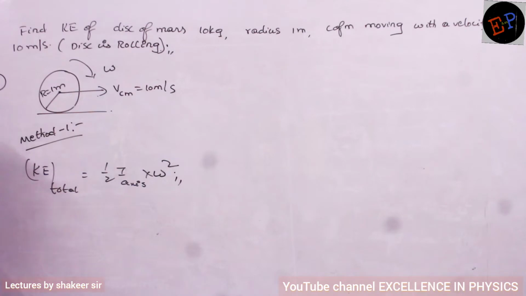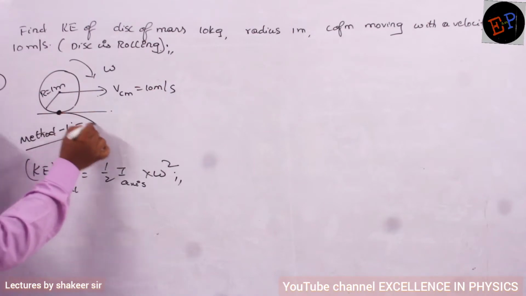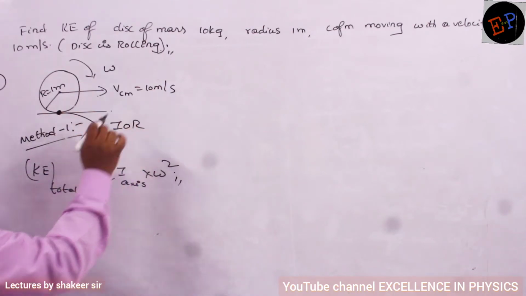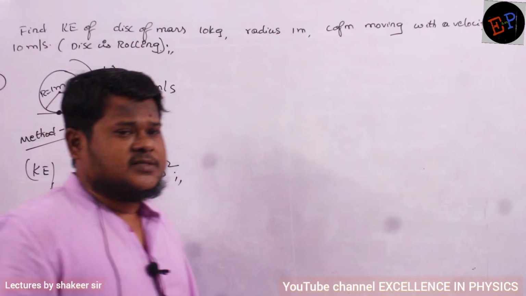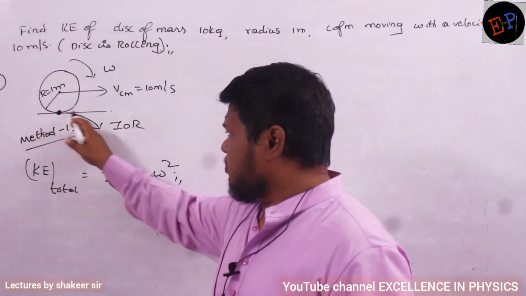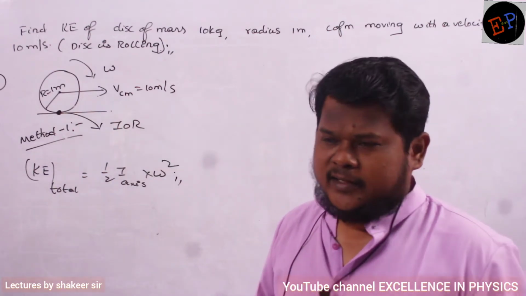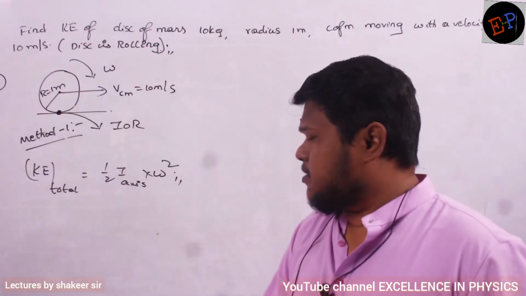I consider the body rotating about this axis, so this is IOR, the instantaneous axis of rotation, and I will calculate its total kinetic energy. Omega value, is it given?